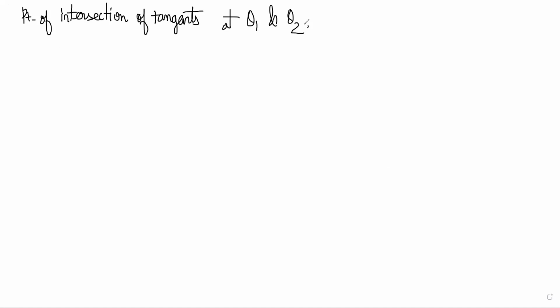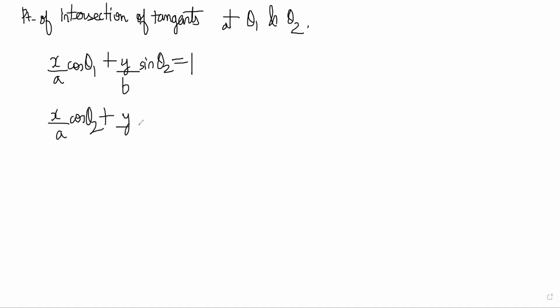One tangent equation would be x by a cos theta 1 plus y by b sin theta 1 is equal to 1. The other equation would be x by a cos theta 2 plus y by b sin theta 2 is equal to 1. And if you solve for x and y, you should get the point of intersection.